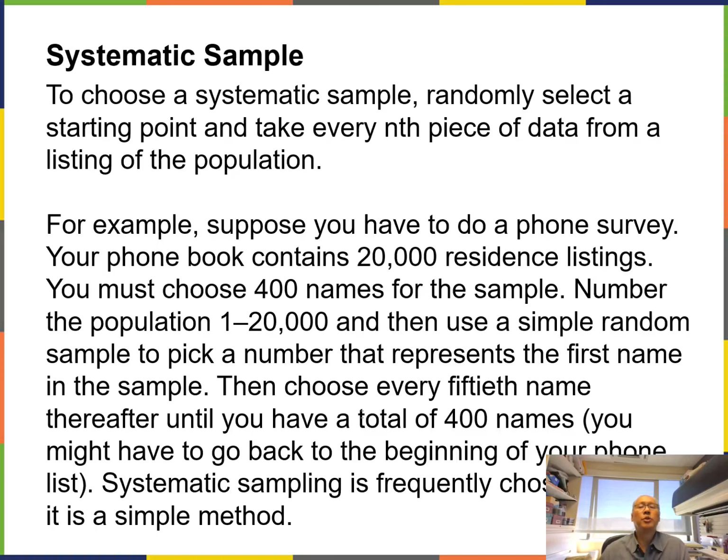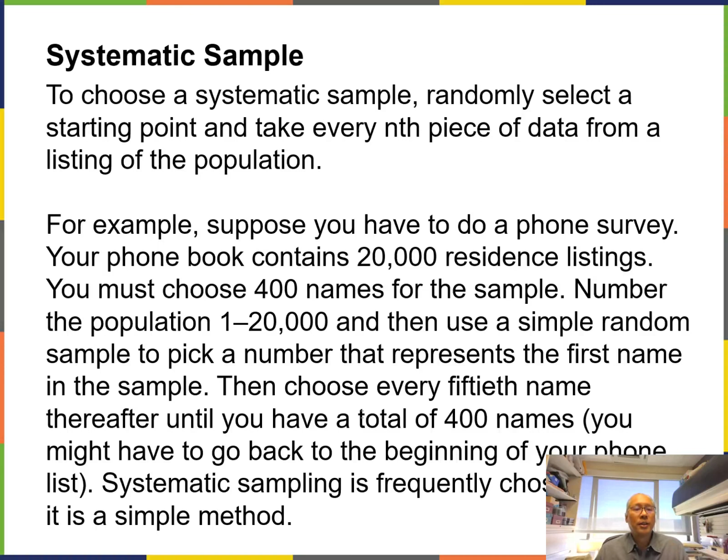Systematic sampling would be to have some sort of system where you count off a certain number of values, and then you take the nth piece of data from a list of the population.